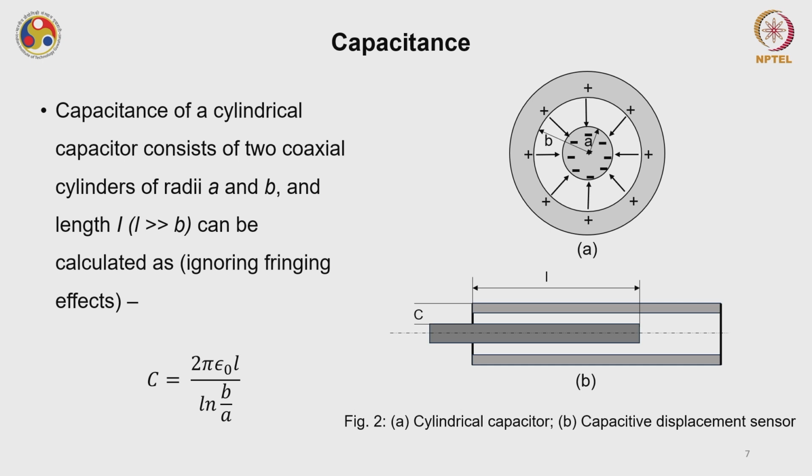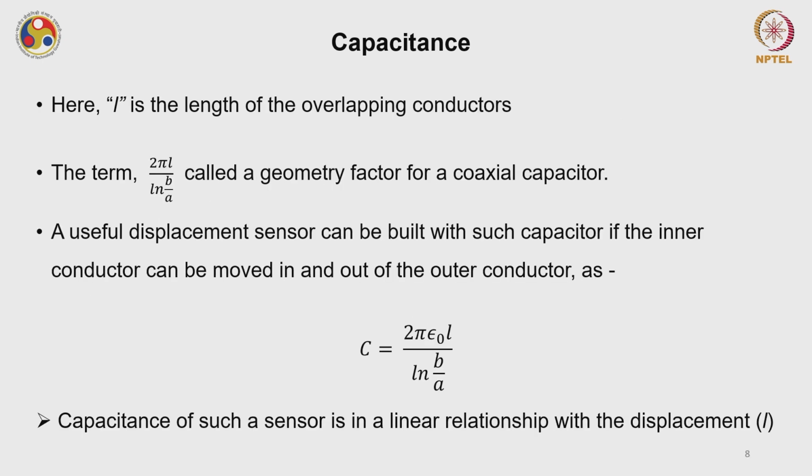Here L is the length of the overlapping conductors, and the term 2 pi L by ln B by A is called the geometric factor for coaxial capacitors.